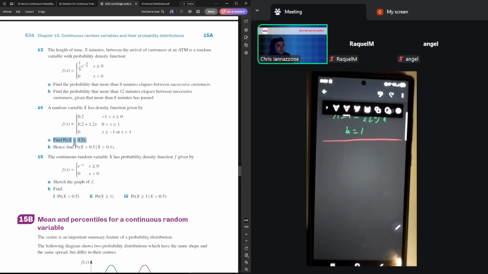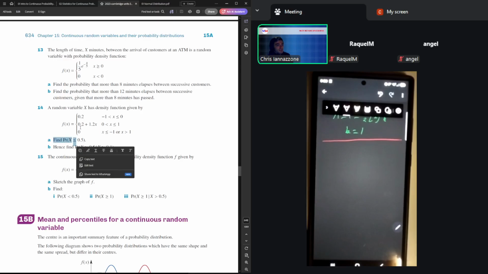Find the probability less than 0.5. That is split across two domains here. Less than 0.5 would be starting in the second domain from 0.5 to 0, and you also need to do your integral on the other piece as well, because it's got to go all the way down to negative 1. Because there's no symmetry involved in here, you do have to do these individually.